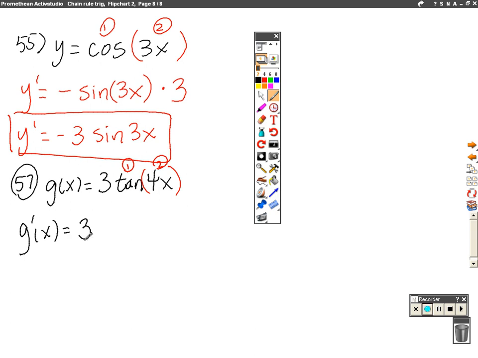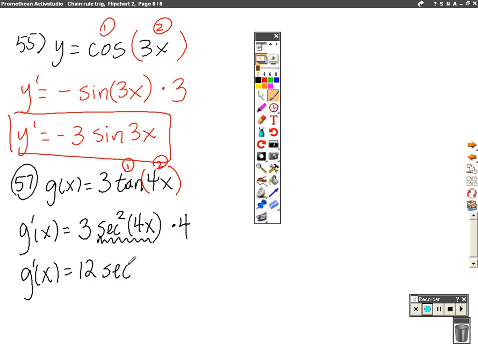The derivative of tangent is secant squared of the angle. All of that's the derivative of the outside. And the derivative of the inside, which is the angle, is 4. Cleaning that up, we multiply the 3 times 4 and get 12 secant squared of 4x. You don't have to put those parentheses in that last step, but this is what the answer would look like.